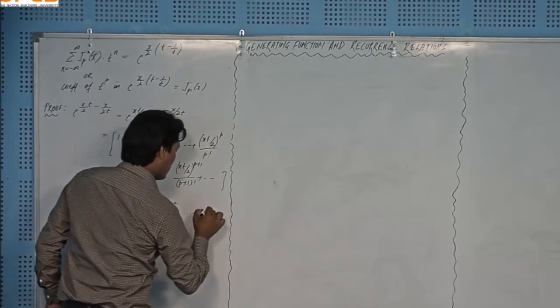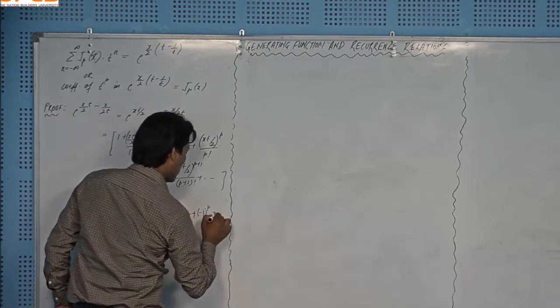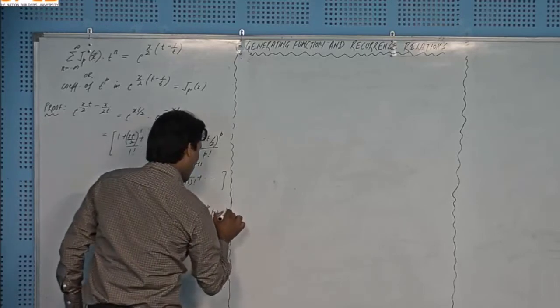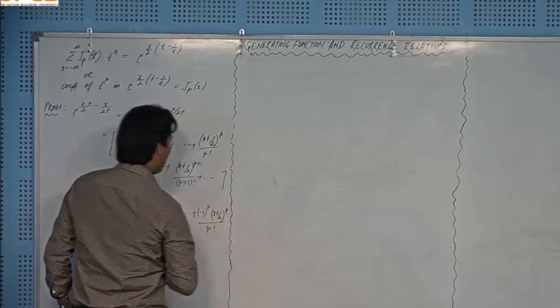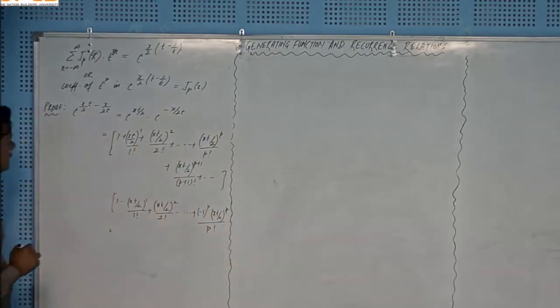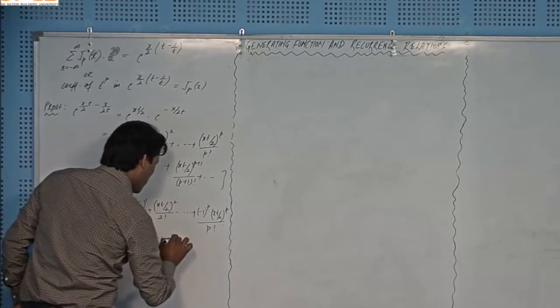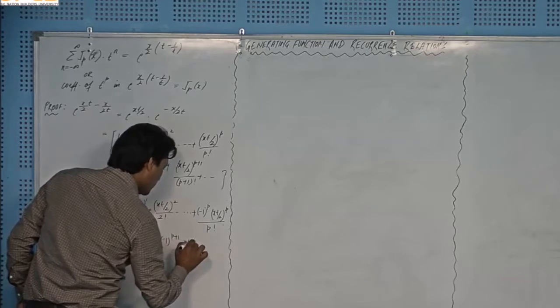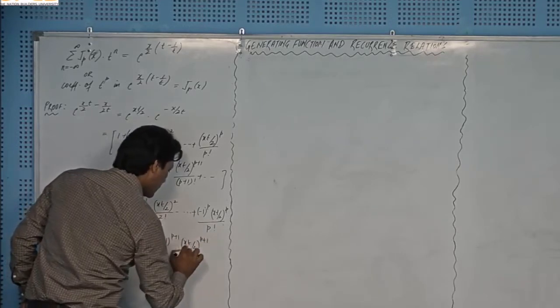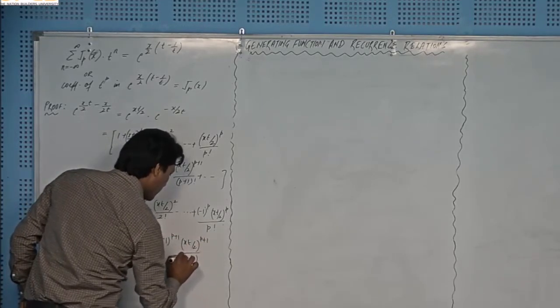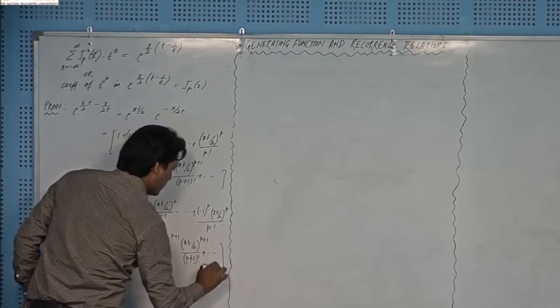This is minus 1 to the power p, (x/2t) to the power p over p factorial, right? And next term will be minus 1 to the power p plus 1, (x/2t) to the power p plus 1 divided by p plus 1 factorial, and so on, right?